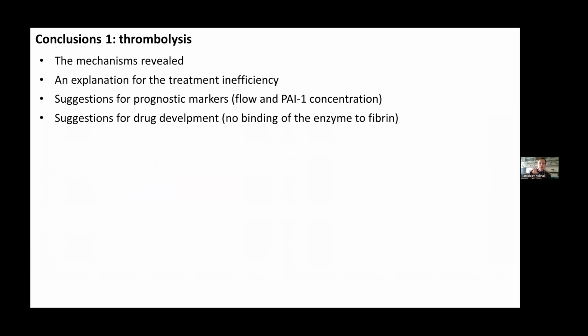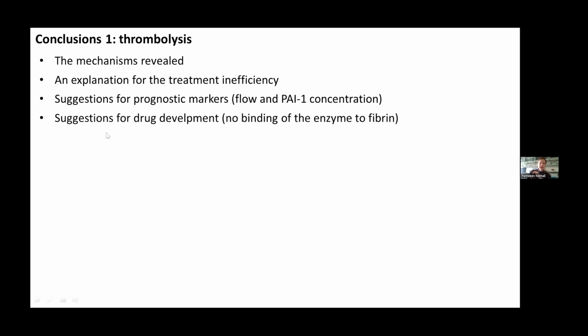So the conclusion for the first part is that we can get some insight into the regulation of the system. We can explain inefficiency of treatment in some cases, and we can provide prognostic markers for the treatment, which are blood flow through the clot, which can be determined by tomography, and PAI-1 concentration in blood.